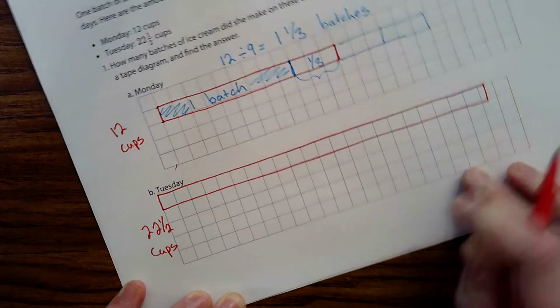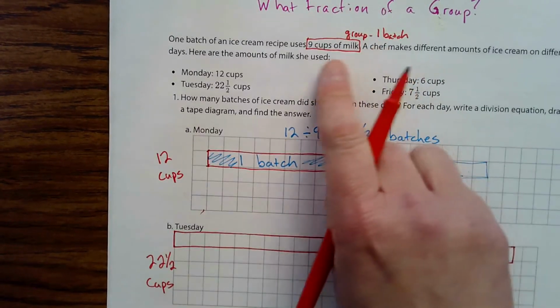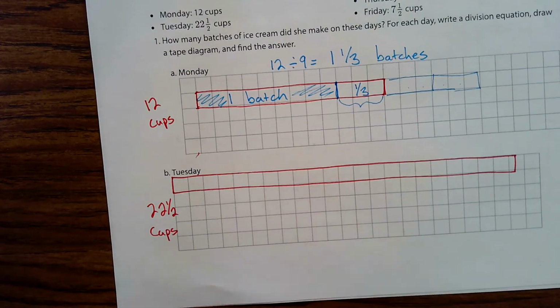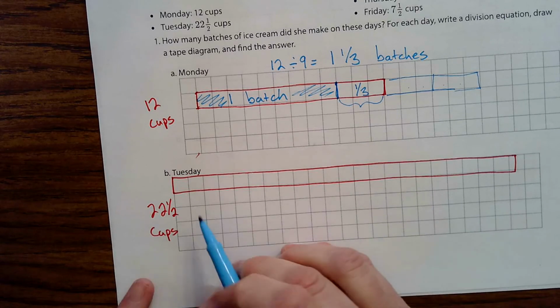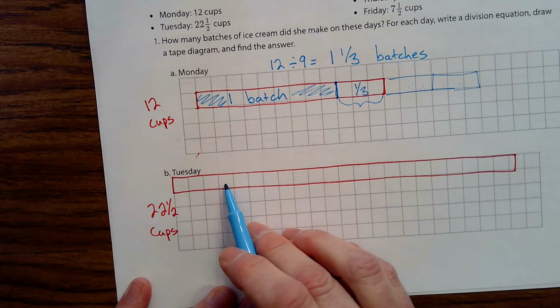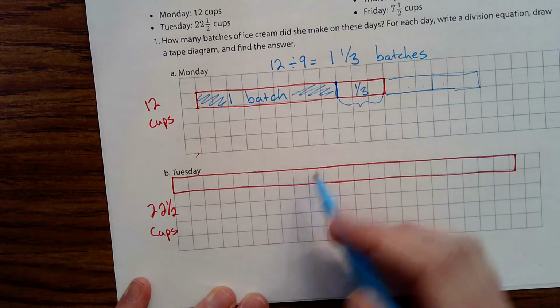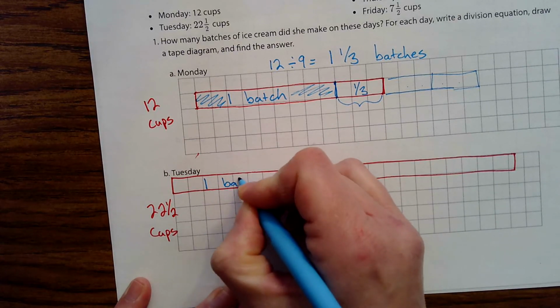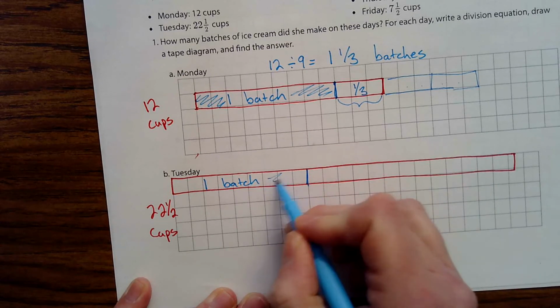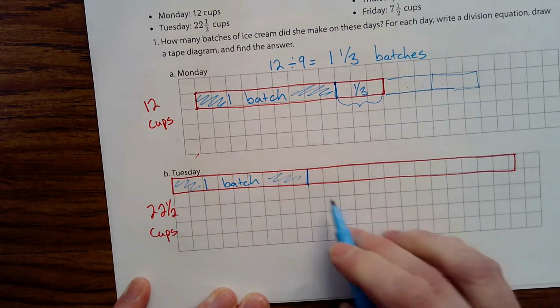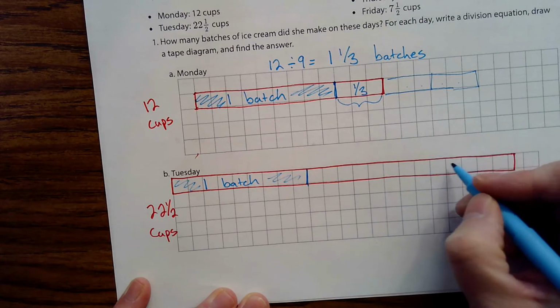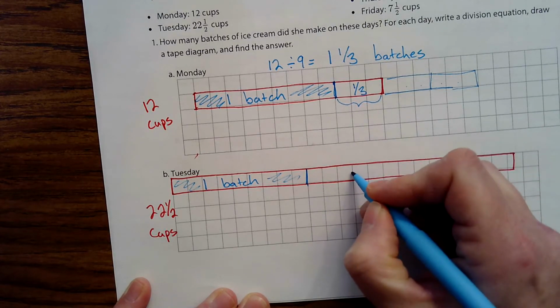So I have more milk on Tuesday, but a batch is still 9 cups of milk. So I need to figure out how many batches I can get out of 22 and a half cups. So I can get 1, 2, 3, 4, 5, 6, 7, 8, 9. So here's one batch. 1, 2, 3, 4, 5, 6, 7, 8, 9. Here's another batch.